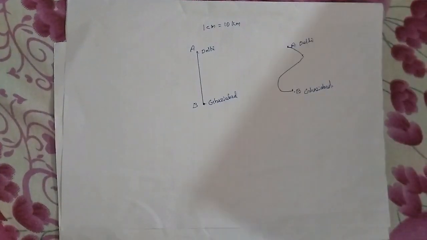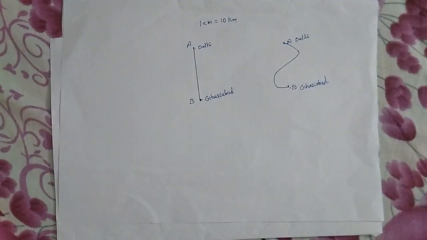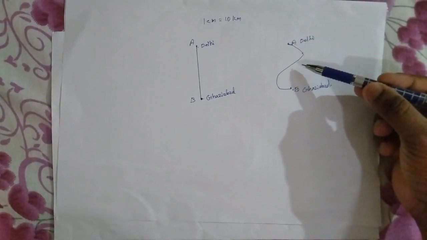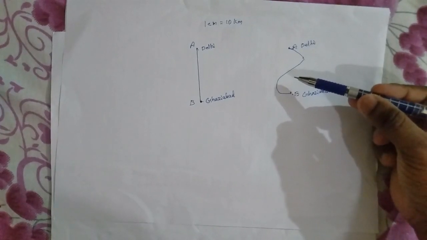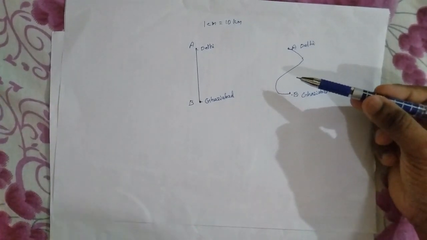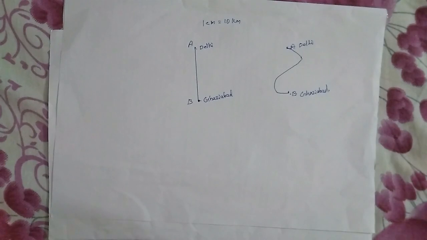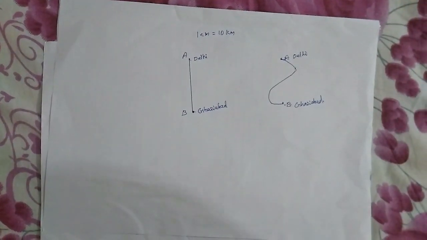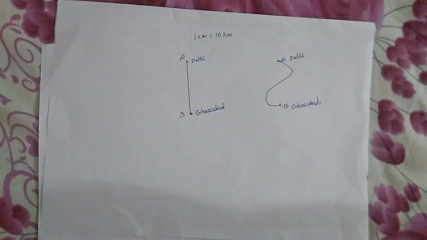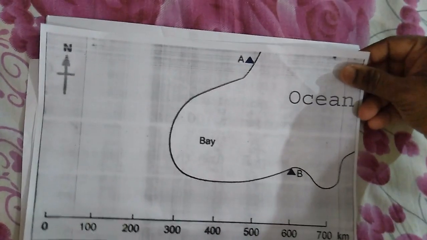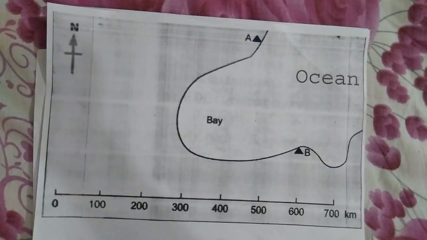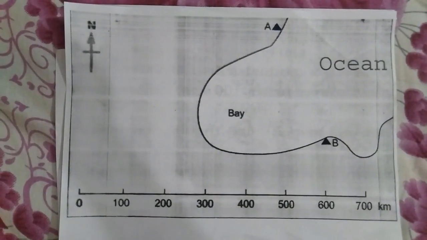So the second type of measuring is in an indirect way, and another way we can call it curved line measurement. We are going to look at an example of how to find the distance along a curved line. For that I am going to take an enlarged map.